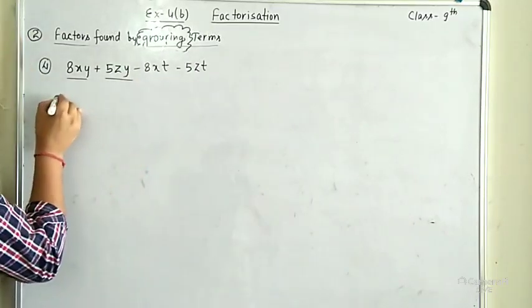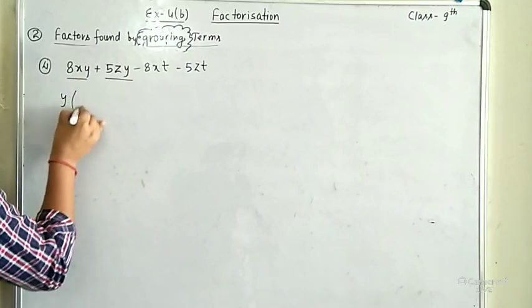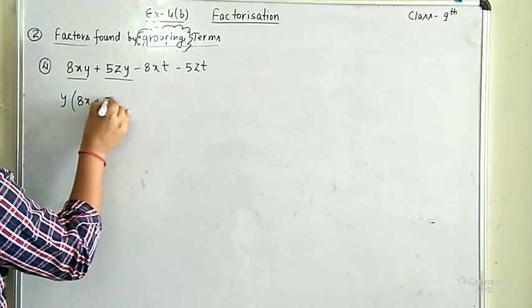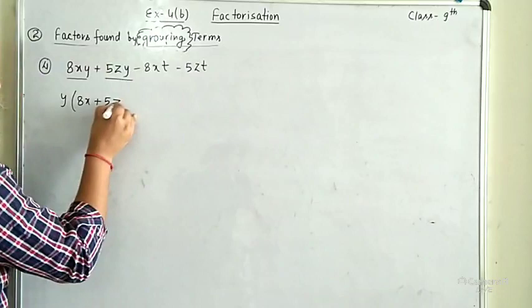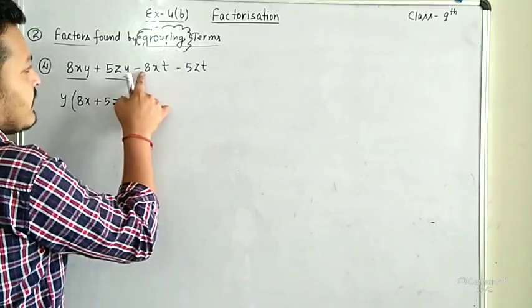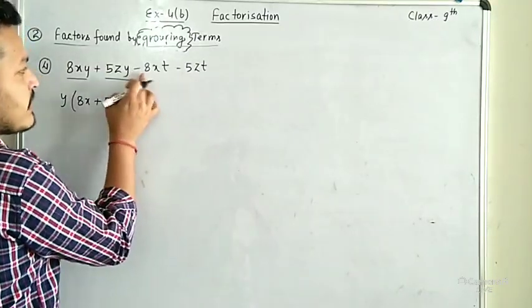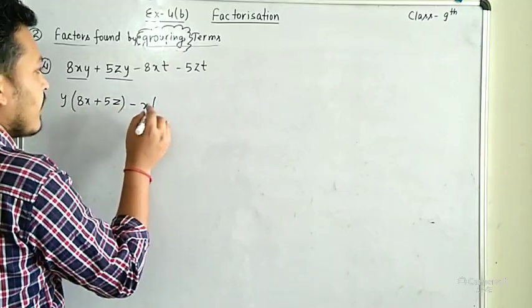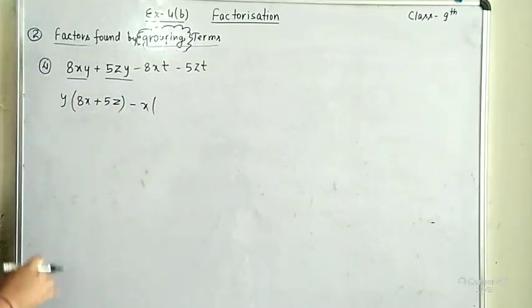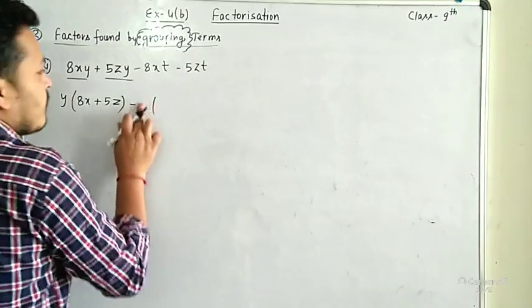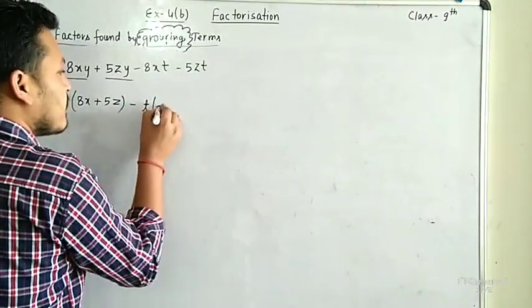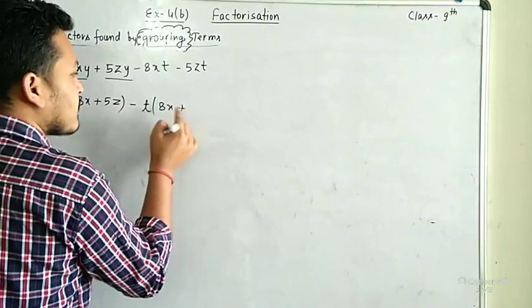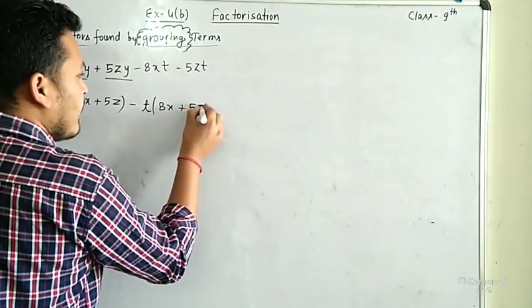So y is common in the first two terms, and 8x plus 5z remains. Next, take minus as common; t is common, then 8x plus 5z.